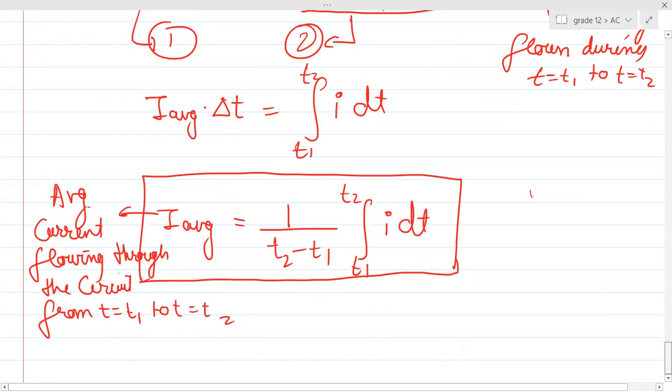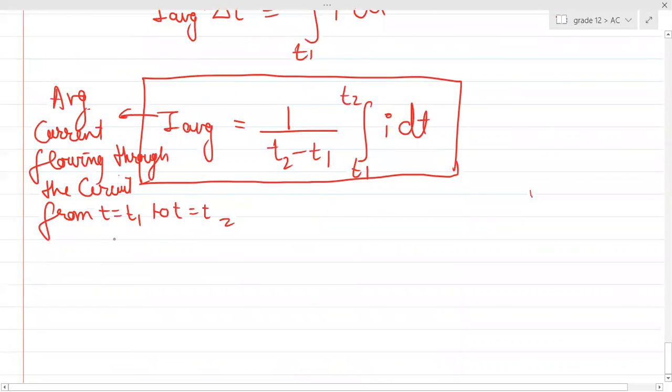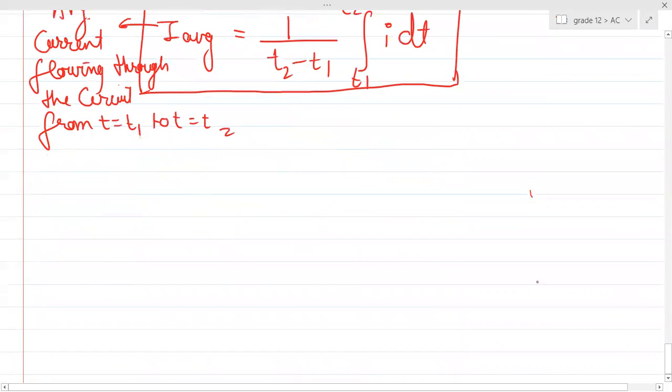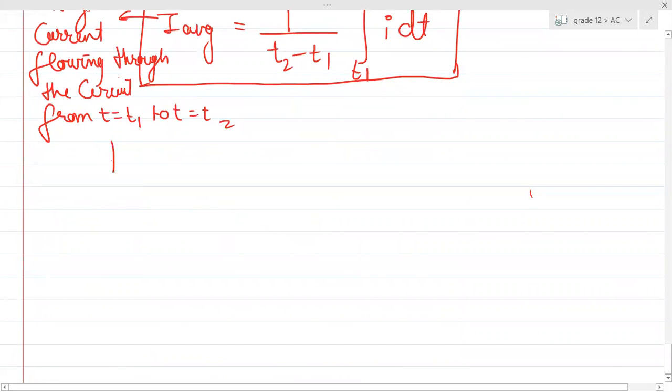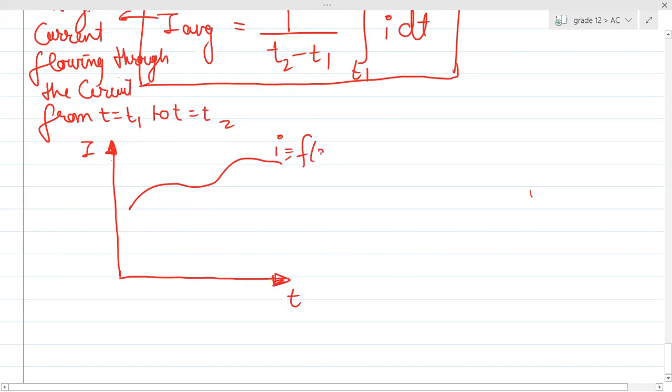First of all, what is the graphical significance of this particular thing? With the help of this concept, you will convert the graph. Do you remember the current was actually like this? A very random thing, right? Between T equals T1 to T equals T2. Yes or no?